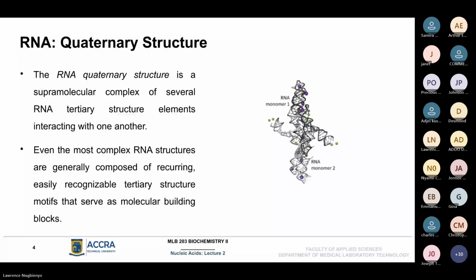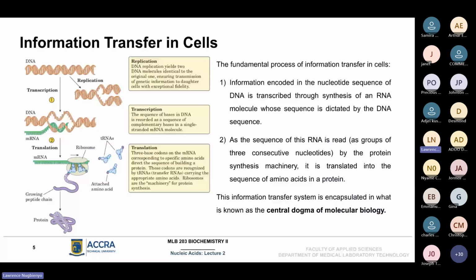Now, before we continue, we have just dealt with the structure of RNA molecules. So we'll say that we have dealt with the structure of DNA and the structure of RNA molecules.